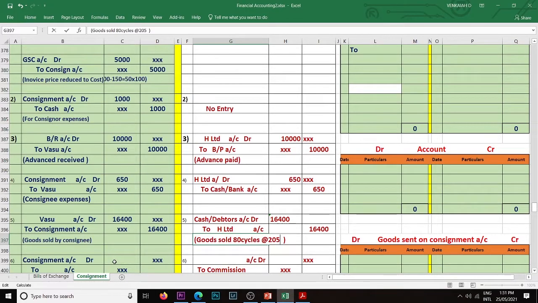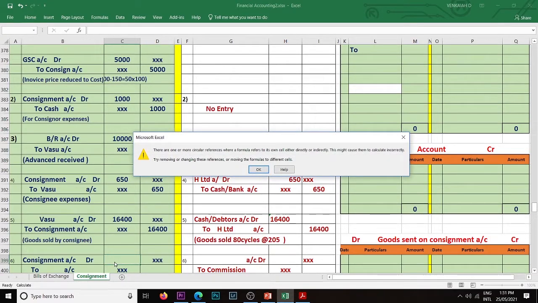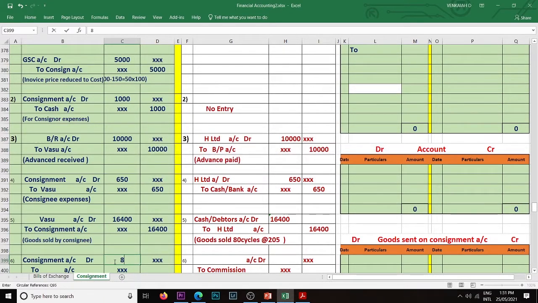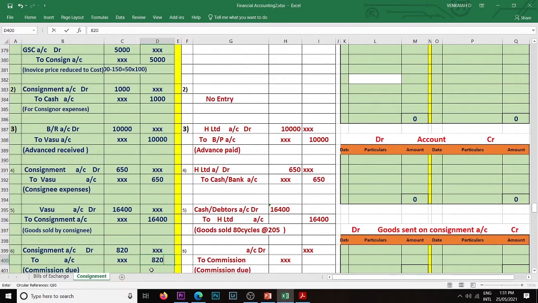Now commission. Commission is 820. 16,400 into 5%. Consignment account debit to Vasu account.